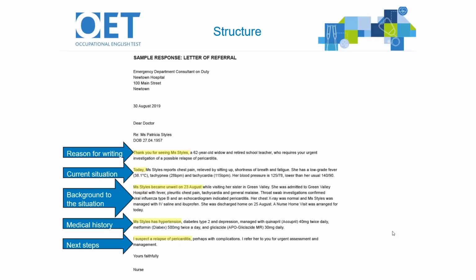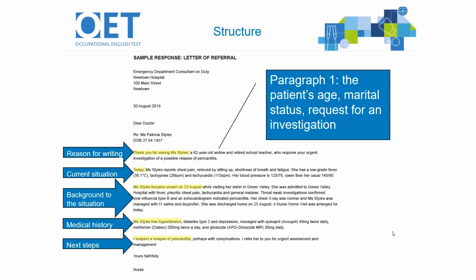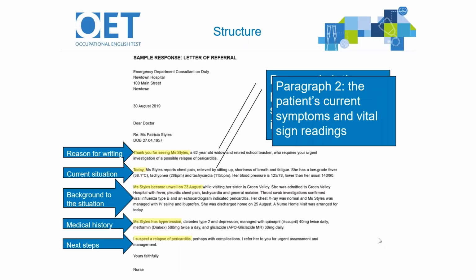So in paragraph 1, we have the patient's age, their marital status, and a request to the reader for an investigation. In paragraph 2, we have the patient's current symptoms and vital sign readings.